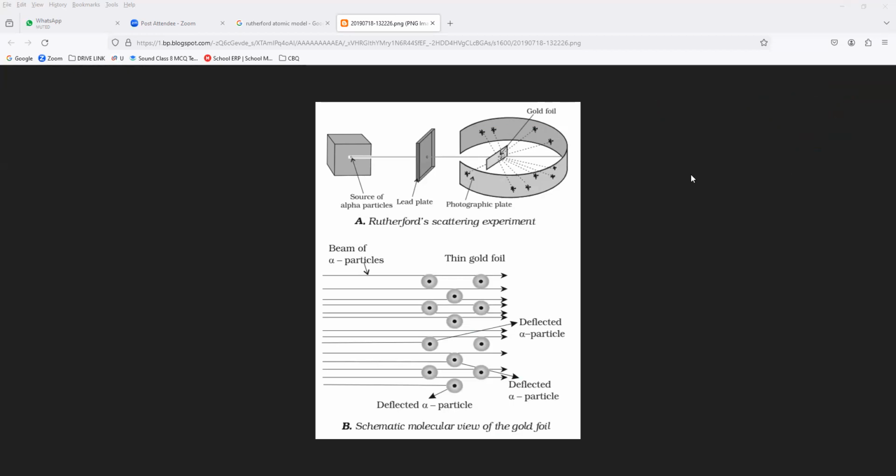So keep writing neatly, everyone. What is the first conclusion made? The conclusions derived by Rutherford. So please mute yourself. What is the first conclusion, all of you? As the majority of the alpha particles are passing freely, we can say that most of the space in an atom is what?